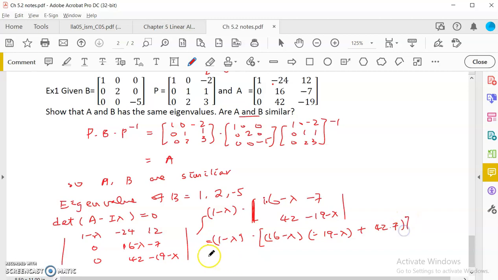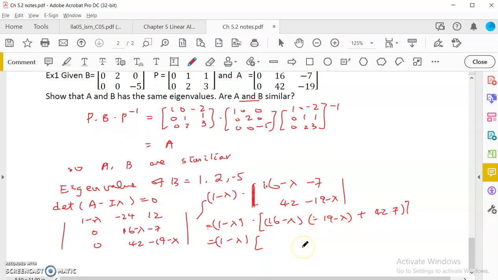So simplify it. 16 times 19 is 304, so negative 304 minus 16 lambda plus 19 lambda, so plus 3 lambda, plus lambda squared, plus 42 times 7, which is 294.